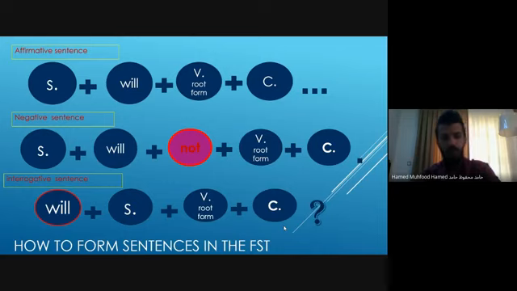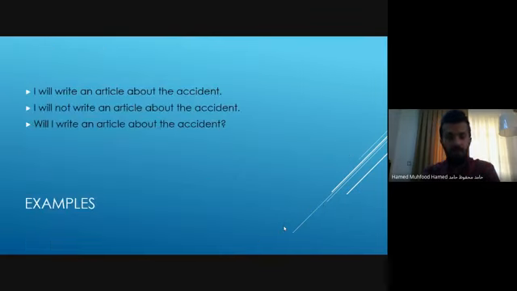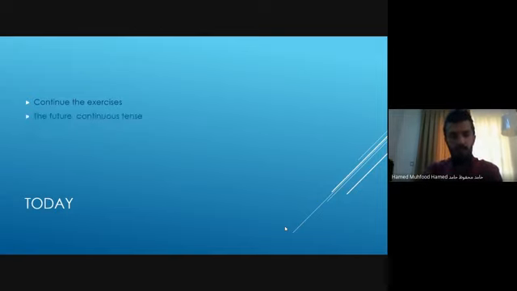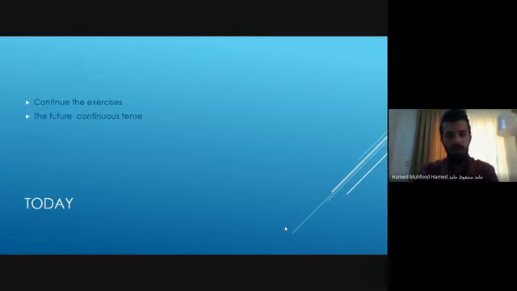So this is how to form sentences in the simple future tense. We read and did many examples, and we did many exercises. So today we are going to complete the last exercise, and we will start a new topic, which is the future continuous tense. So let us get started.